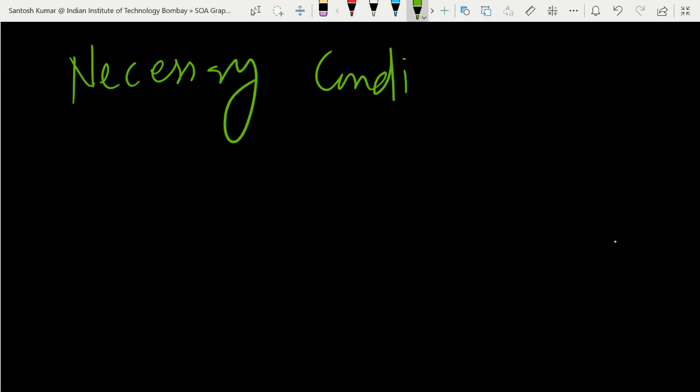Now we have to learn the necessary and sufficient conditions for a Hamiltonian graph. We'll start with the necessary condition.